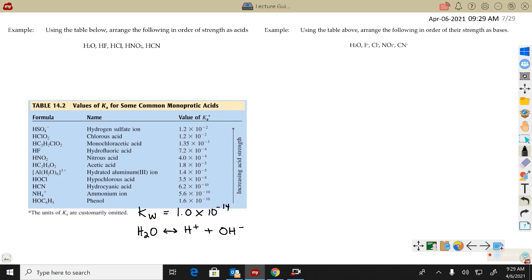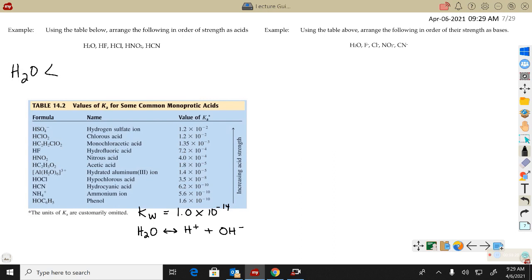But look at its Kw. Its tendency to dissociate is so tiny. 99.9% of all the particles in a sample of pure water are really just neutral H2O molecules. Yeah, it self-ionizes, but not by much. So if we're going to start ranking these particles by increasing dissociation constants, water is kind of the loser. Let's go H2O.